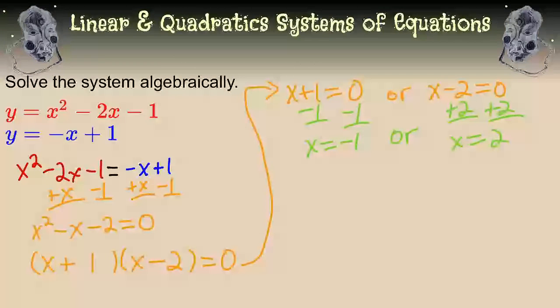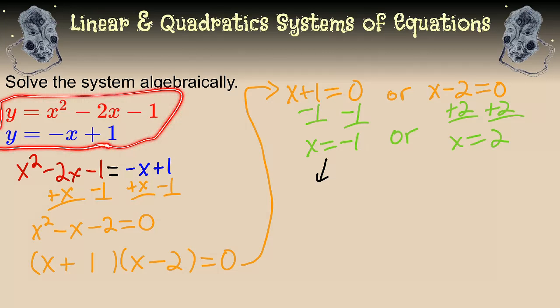Okay. If x equals -1, I need to find out what the y value is. And I can use either one of my original equations because what we're finding is an xy pair that makes both of them true. So with the same x value, you have to get the same y result. I always use the easier of the two equations.